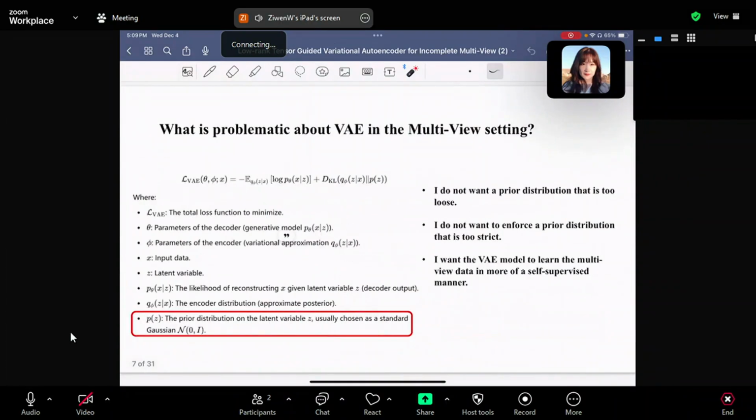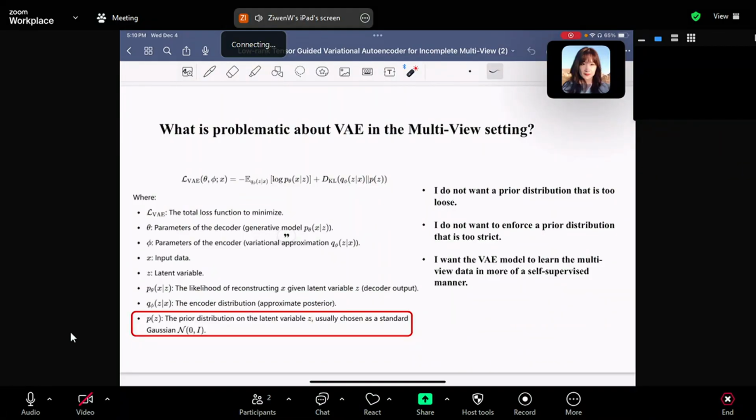I think it's too loose. We have the Kullback-Leibler divergence term here to restrict the encoded posterior distribution. We don't want it to deviate too much from a standard Gaussian.